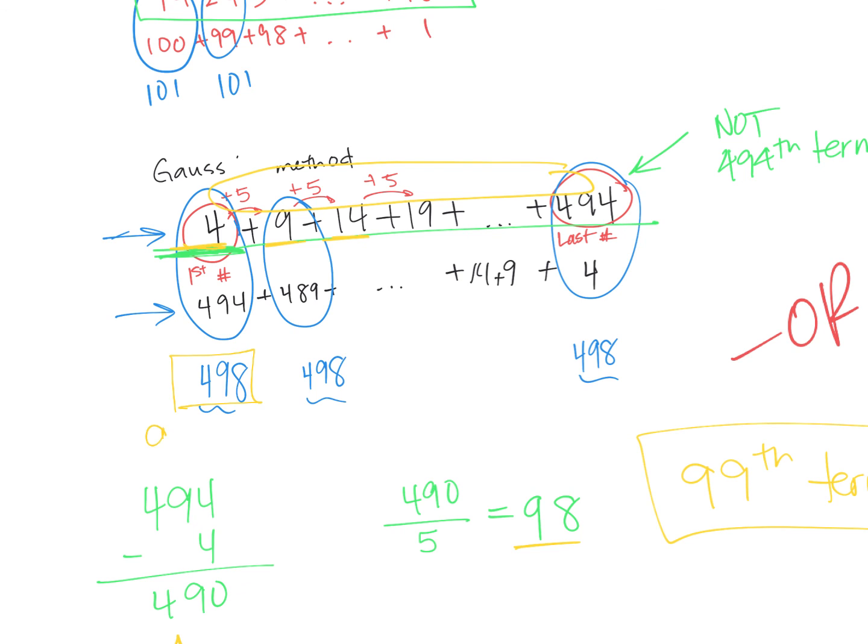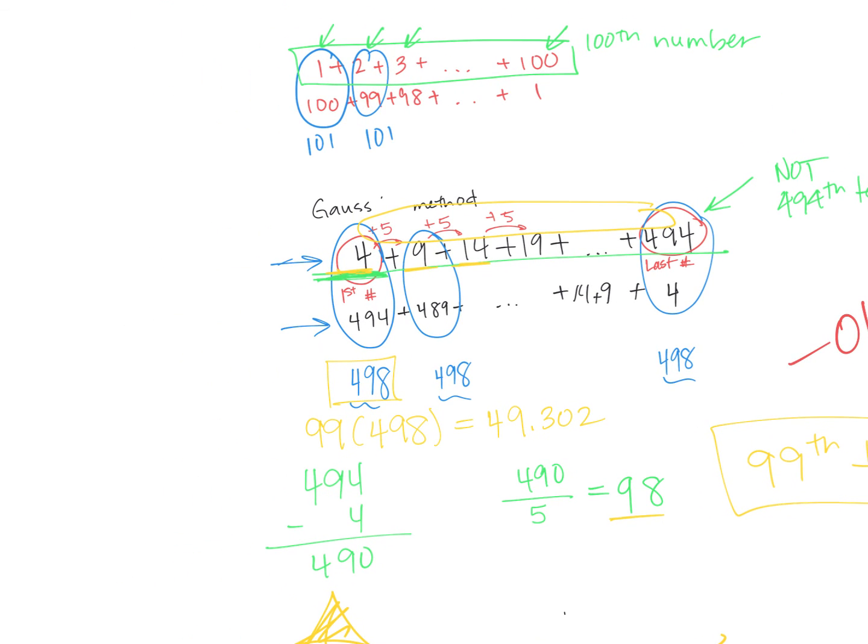So we're going to take 99 of these 498s, which if we multiply that, and I would totally use a calculator here, 99 times 498 will be 49,302.